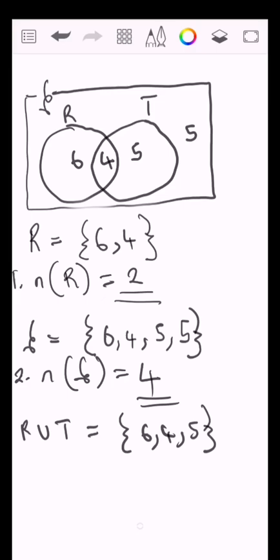Asi togona kuiwana zvakare kana tikanyora ma elements a R, tonyora zvakare ma elements a T, taking into cognizance kuti kana takunyora the union, we are not allowed to write the same element twice. So maybe ngatizvitire paside. So what I mean is, let me use a different color kuti muone this is not part of our solution. R taidefine kudhara kuti it's 6 4.